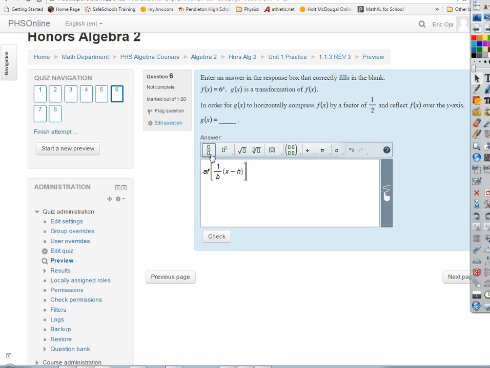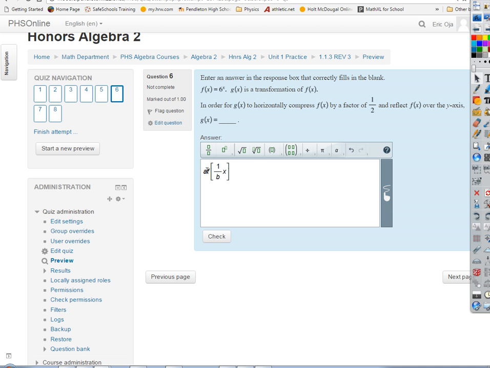So h is 0 and k is 0 because I'm doing no translations of any kind. So I can get rid of that, and I can get rid of the h. Well, look, that just puts x by itself in parentheses, which is unnecessary. So I'll just make that an x.